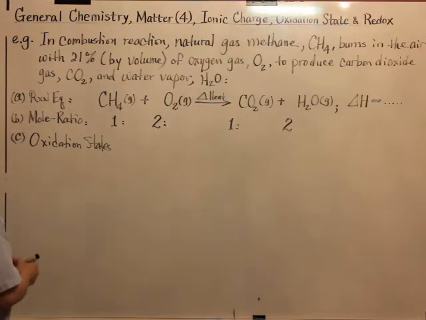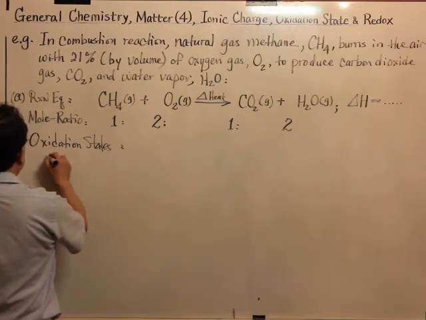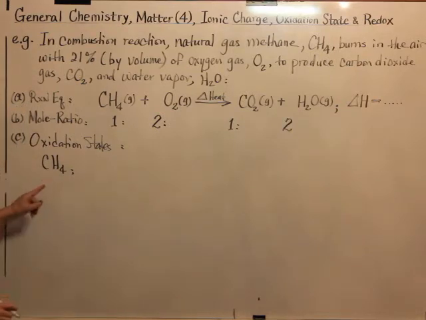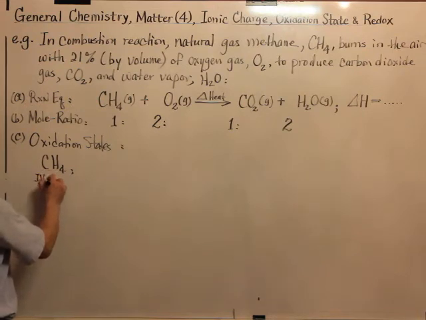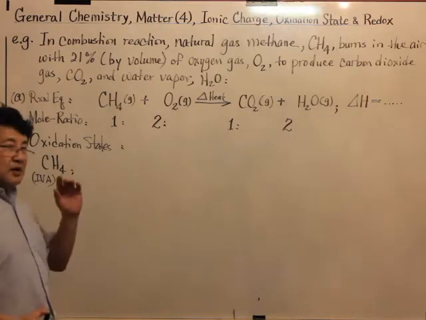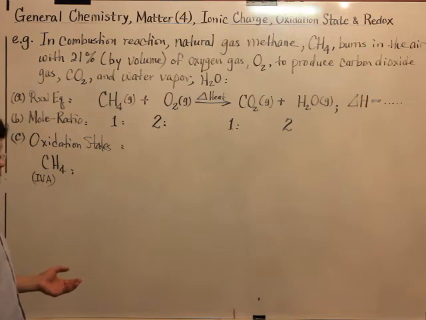The oxidation states for methane, as we learned, for methane, CH4, the carbon is in the number 4A major group. It's the carbon family. And it has 2 possibilities. The carbon can have +4 or -4 oxidation state, plus others, +2, -2, I think also.